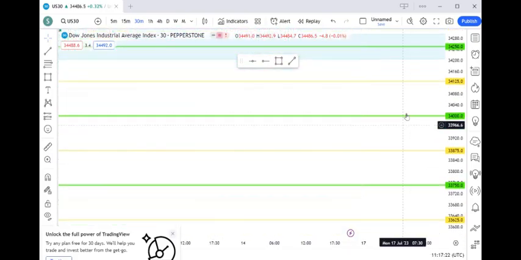Next one. So on 34,000, we want to go to 45 points above. So our zone needs to start on 34,000, 34,045.